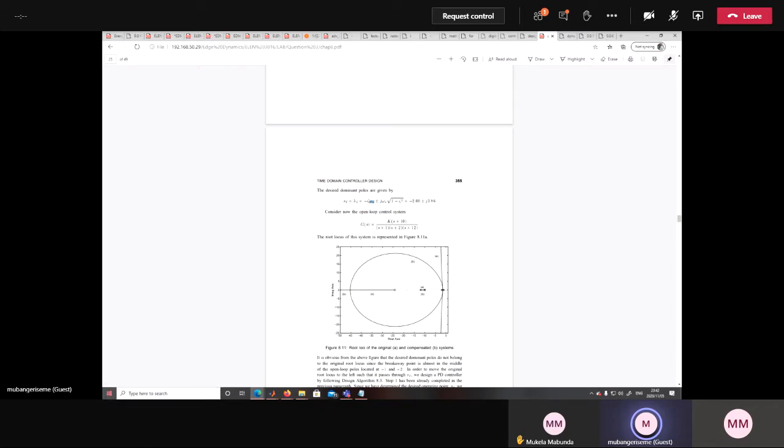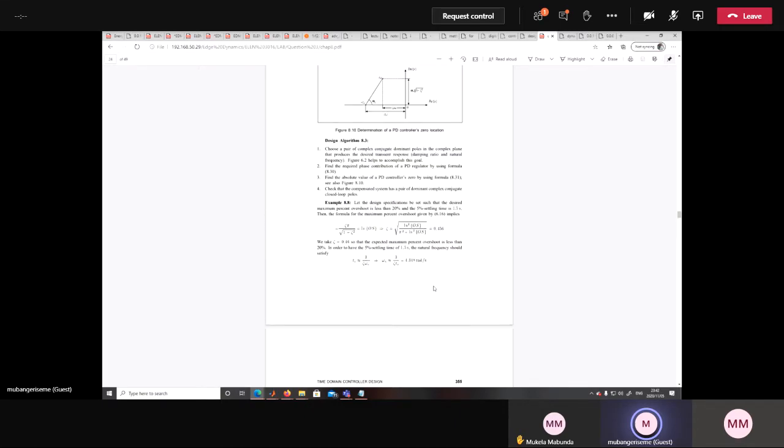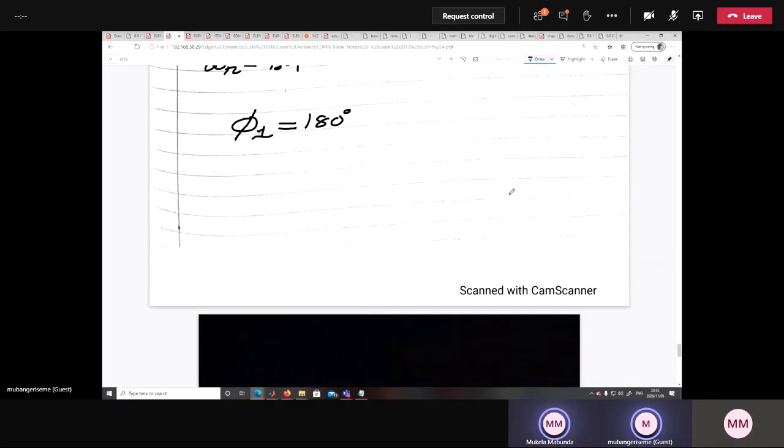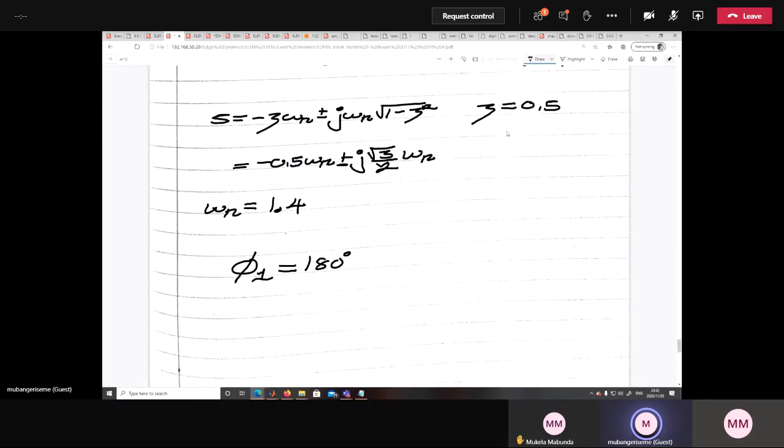Yeah, but the thing is you're only going one way. So what it's basically saying is, if you think about it like this, you've got 60. Your root locus is going this way.